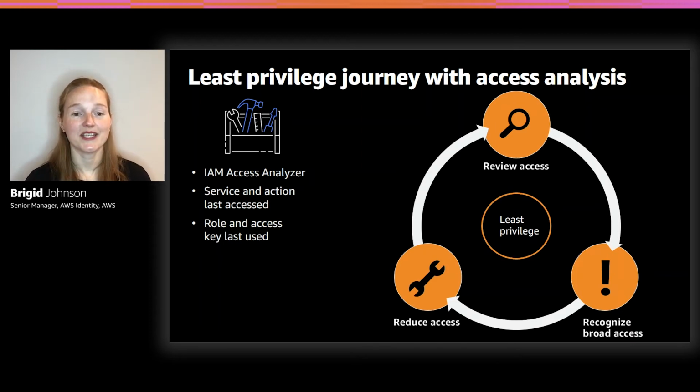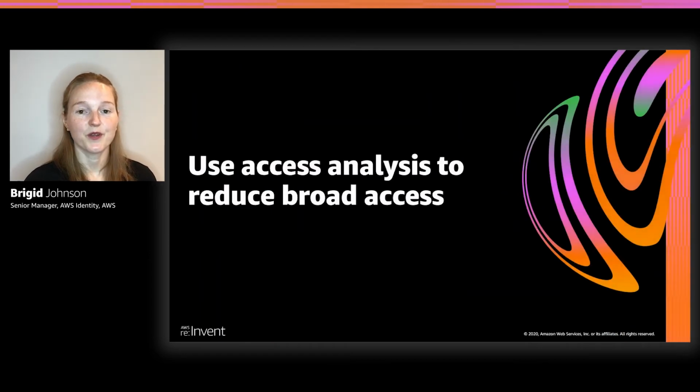And then if you're just wanting to clean up, which I encourage, look at role and access key last used. Anything that hasn't been used, we typically hear 90 days from customers that they're willing to remove that access, but that's up to you.